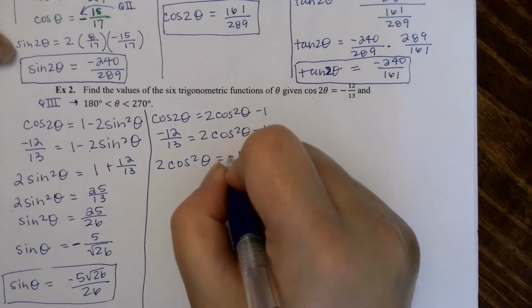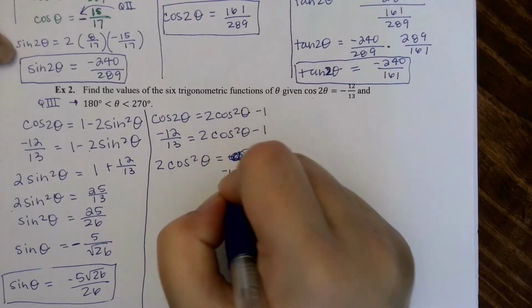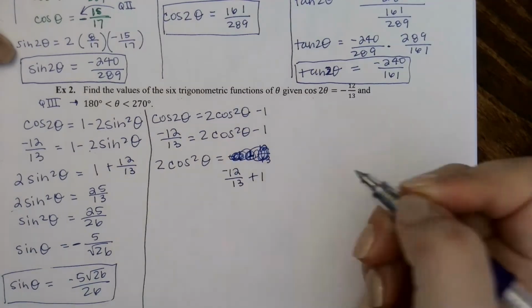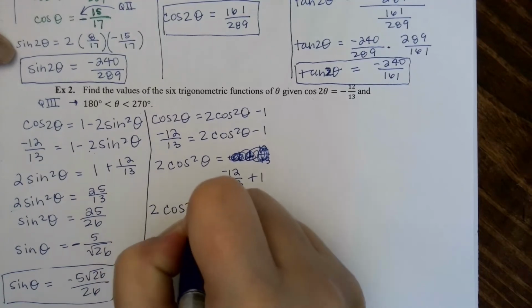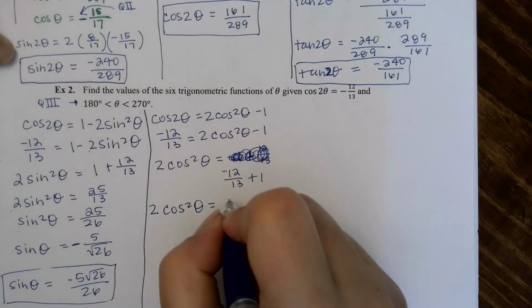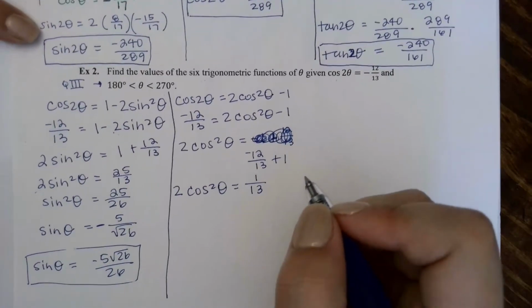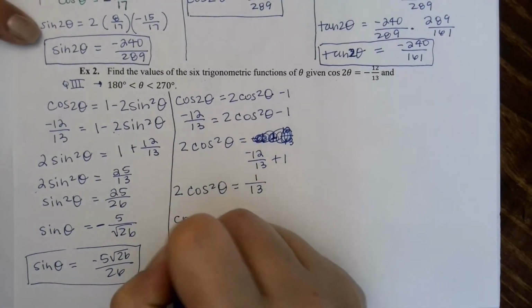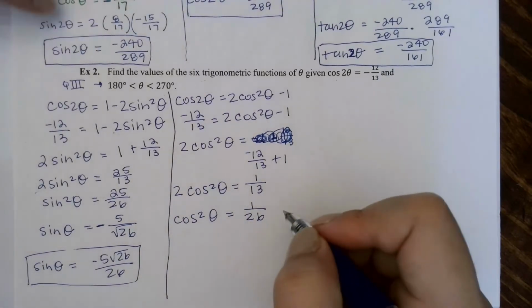Or 2 cosine squared theta equals negative 1 plus 12 over 13. I'm sorry. 2 cosine squared theta equals negative 12 over 13 plus 1. Okay, so 2 cosine squared theta is equal to 1 over 13. And then I'll divide both sides by 2 so that I have cosine squared theta equals 1 over 26.